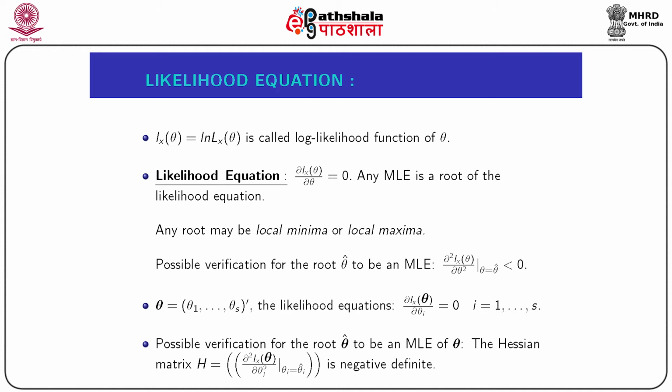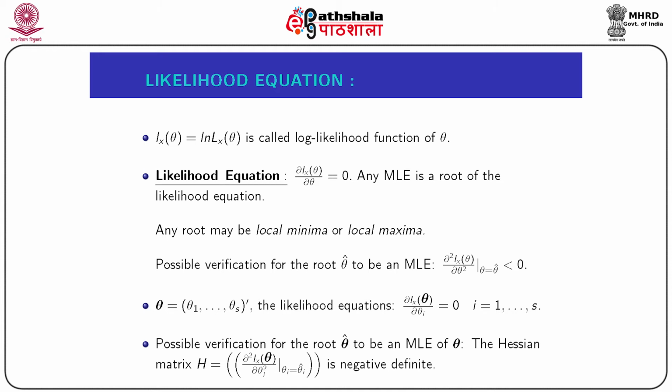As a possible verification for the root theta hat to be a maximum likelihood estimator of theta, we can define the Hessian matrix, which is nothing but the second order derivative of the likelihood or the log likelihood function with respect to theta i and theta j at the point theta i equal to theta i hat and theta j equal to theta j hat for all i from 1 to s and all j from 1 to s.